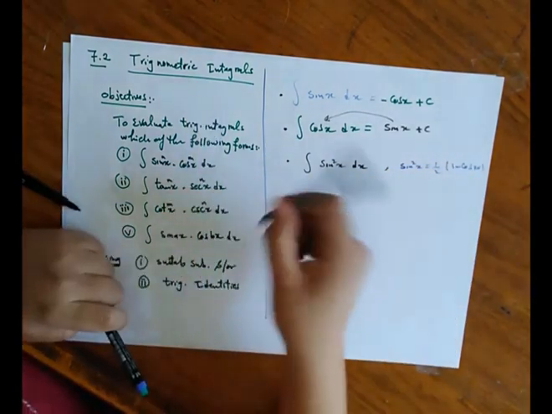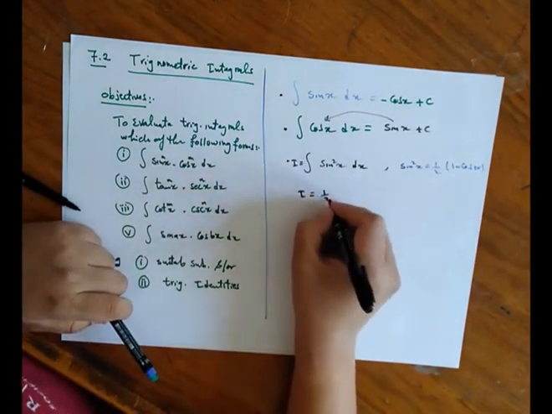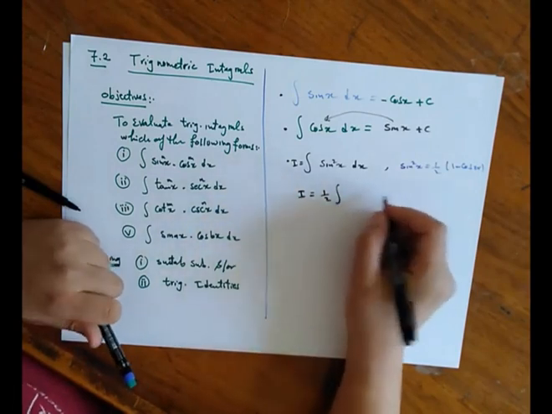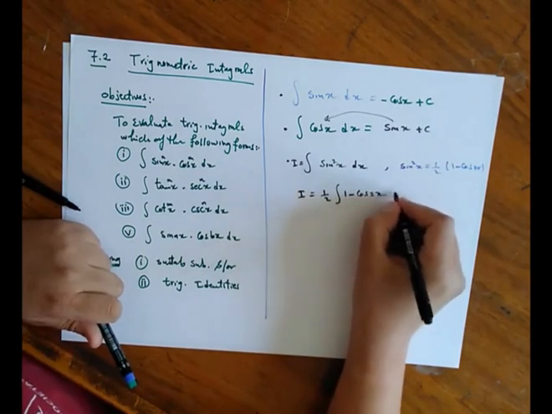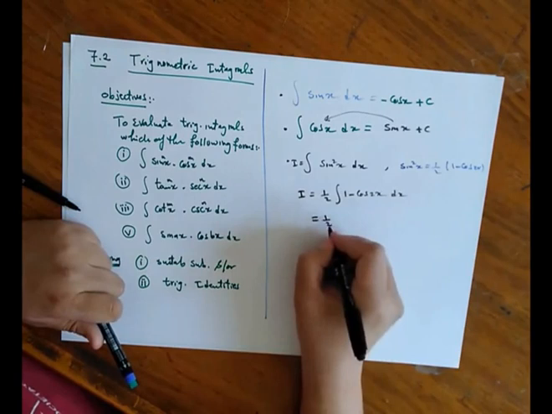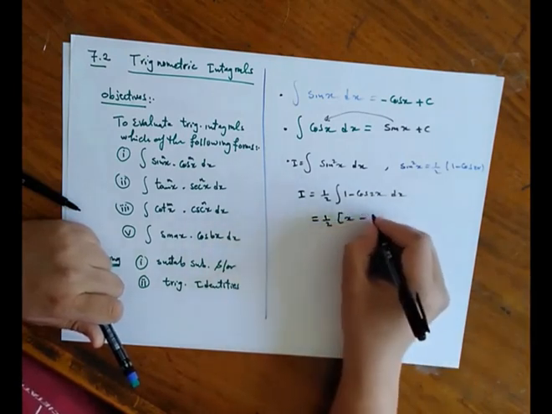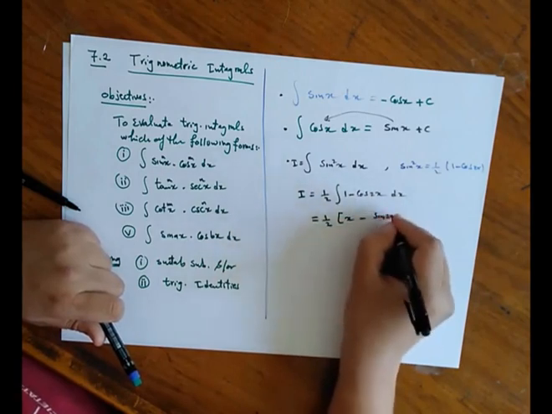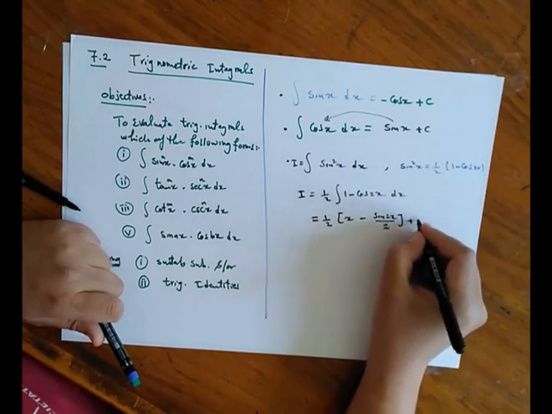So if I call this I, then I is going to be half, which can be written before the integral sign, times the integral of 1 minus cosine 2x dx, and then you integrate simply. It will be half times x minus the integration of cosine, which is sine 2x, and then you have to divide by 2 because of the chain rule.